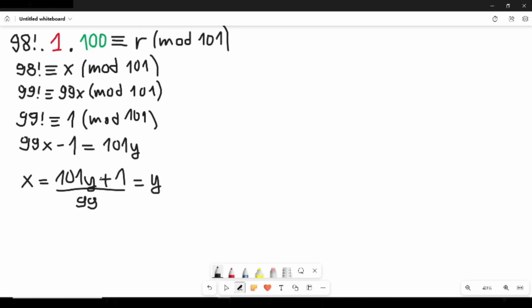We get the whole part of the fraction, which is equal to y plus (2y plus 1) over 99.